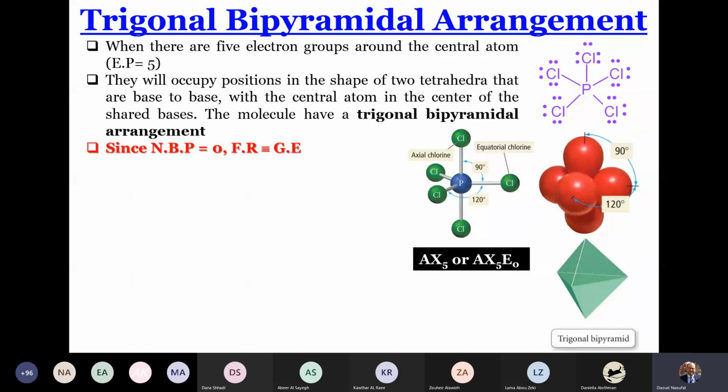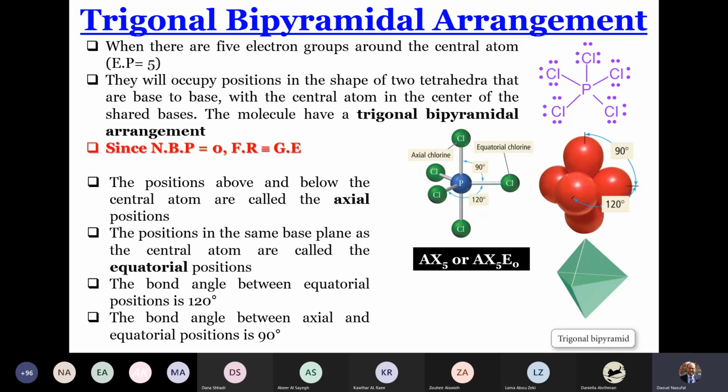Any structure that has the form AX5 has a figure of repulsion that is trigonal bipyramidal, and the geometry is also trigonal bipyramidal. And pay attention to the angles. We have two types: equatorial-central-equatorial equals 120 degrees, equatorial-central-axial is 90 degrees, and axial-central-axial is equal to 180 degrees.